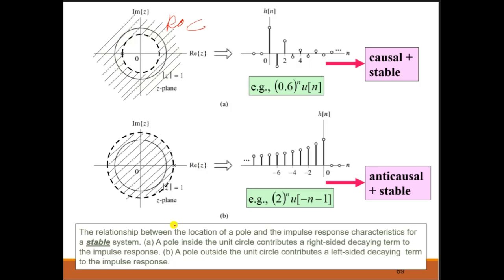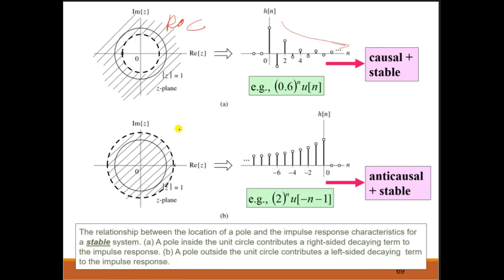Now dia punya impulse tu exponentially decay, means lama-lama dia akan jadi kosong. So a pole outside the unit circle contributes a left decaying term to the impulse response.